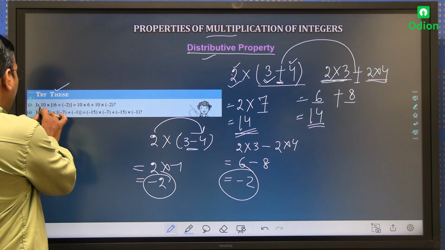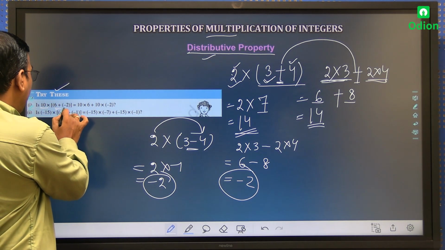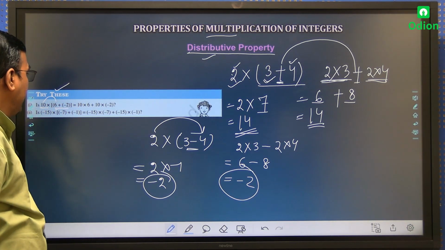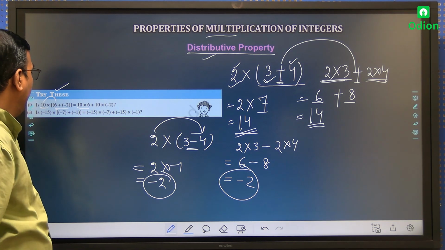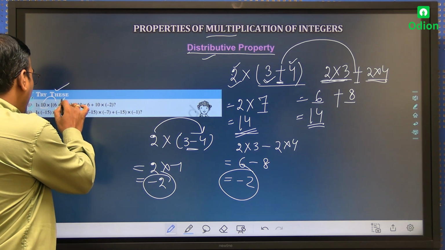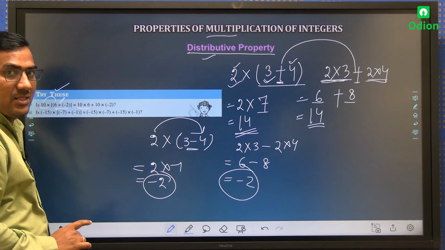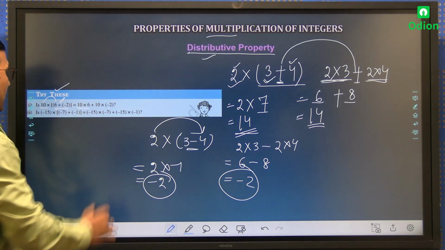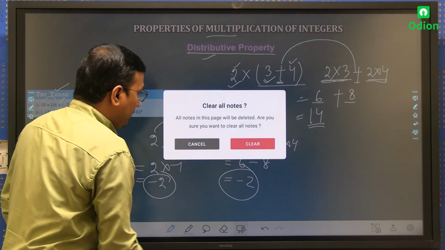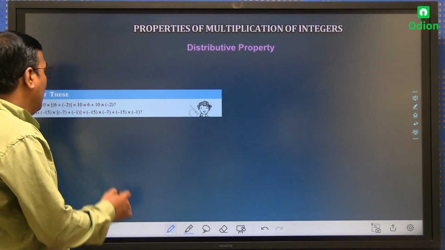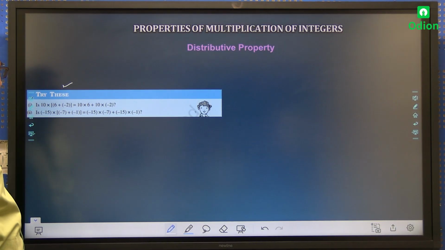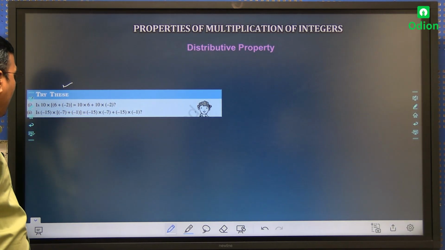Try this: 10 multiplied with 6 plus minus 2. Let us do this sum.